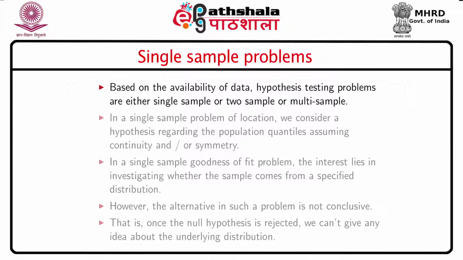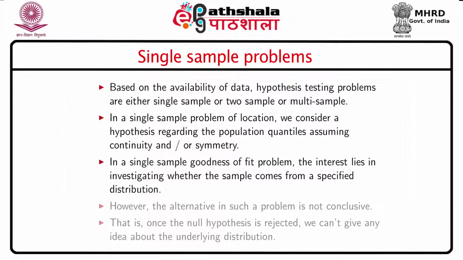Next, we shall discuss different types of hypothesis testing problems in non-parametric inference. We start with single sample problems. In a single sample problem of location, we consider a hypothesis regarding the population quantiles assuming continuity or symmetry, and sometimes we assume continuity and symmetry both.